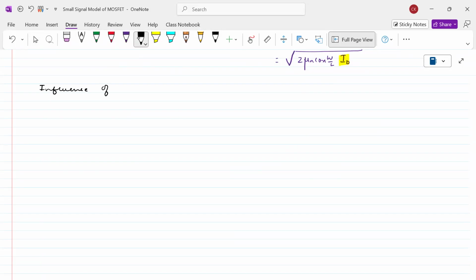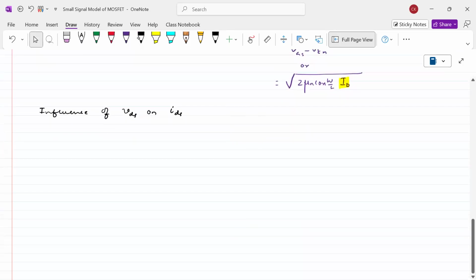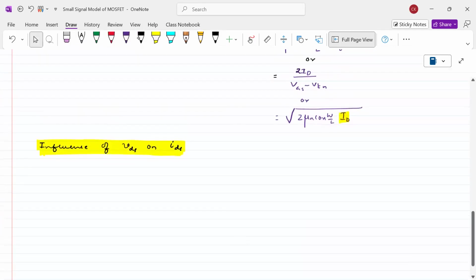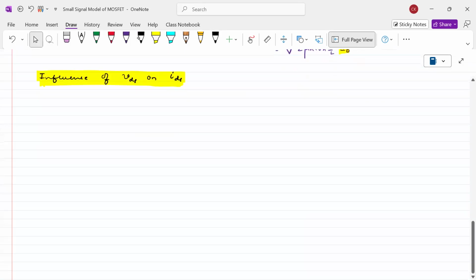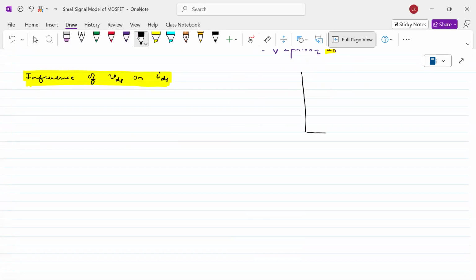Influence of VDS on IDS. Now, as we know very well, the MOSFET is operated in the saturation region.